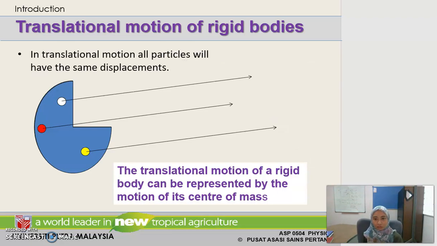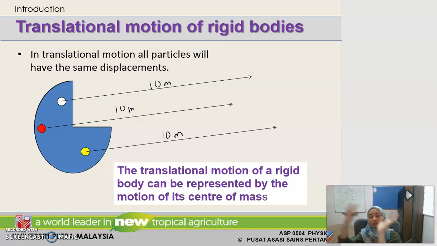Translational motion of rigid bodies: in translational motion, all particles have the same displacement. For example, the displacement of the white dot, the red dot, and the yellow dot is the same. If the red dot moves by 10 meters, the white dot also moves by 10 meters and the yellow dot also moves by 10 meters.